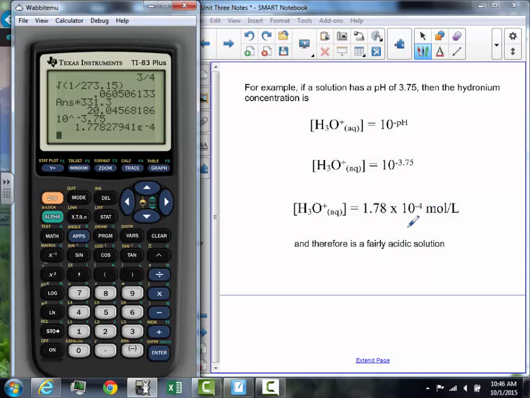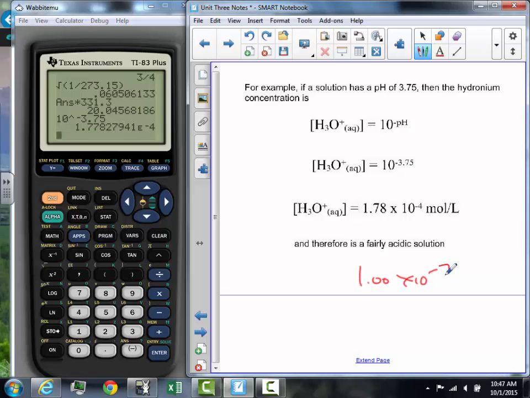So then pH is 4. Well, okay, so that exponent right there only works if this number right here is exactly 1.00. Does that make sense? So the pH is approximately 4 due to that number right there, but the pH was actually 3.75 because it wasn't 1.00. It was actually 1.78. Is this bigger than 1.00 times 10 to the minus 7?